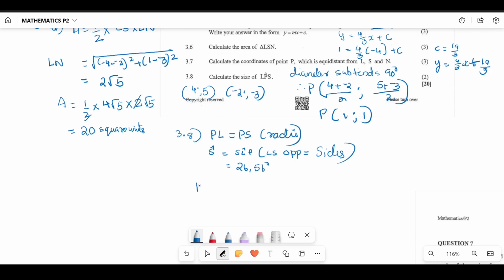Therefore angle LPS is equal to 180 minus those two angles, 26,56 plus 26,56, because the sum of angles in a triangle is 180.